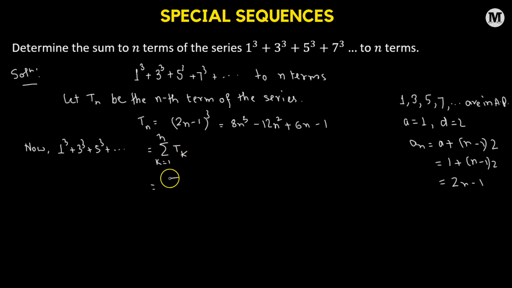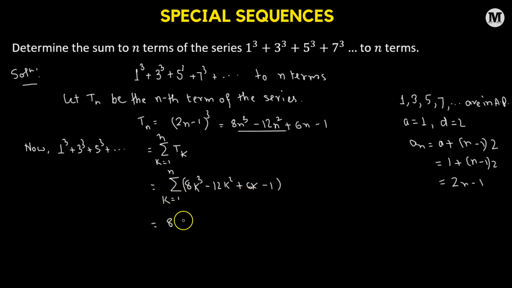That means we now have to find the summation of this expansion, but we are going to replace n with k. So we have 8k cube minus 12k squared plus 6 times k minus 1, where k runs from 1 to n. Now we further expand this.